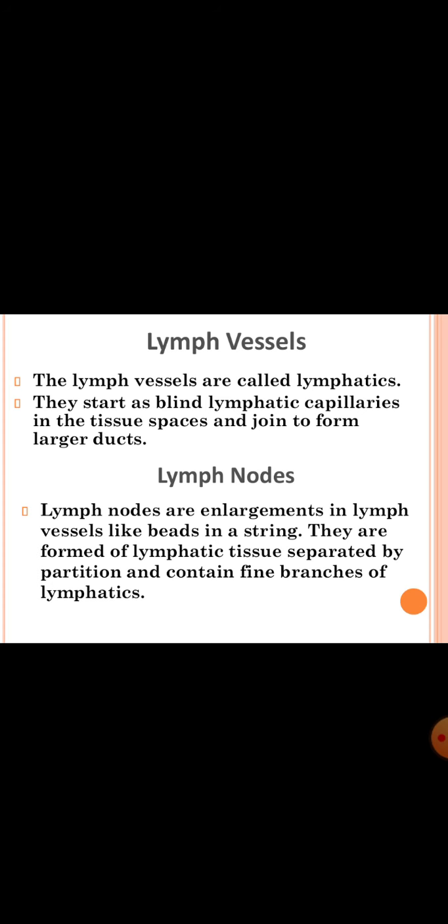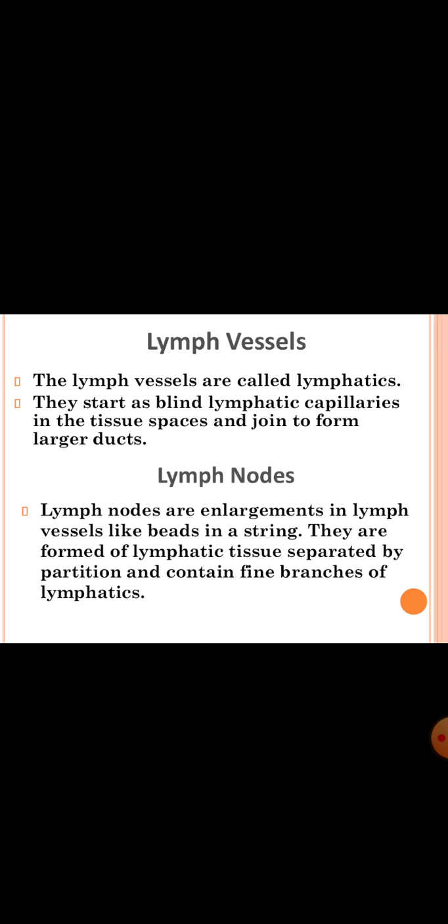Now the lymph nodes. Lymph nodes are enlargements in lymph vessels like beads in a string. They are formed of lymphatic tissue separated by partitions and contain fine branches of lymphatics.